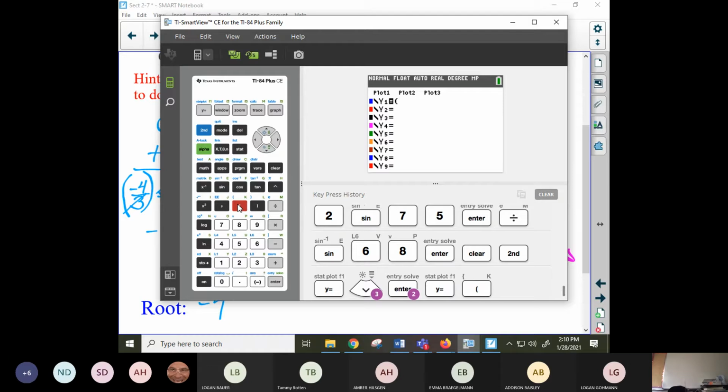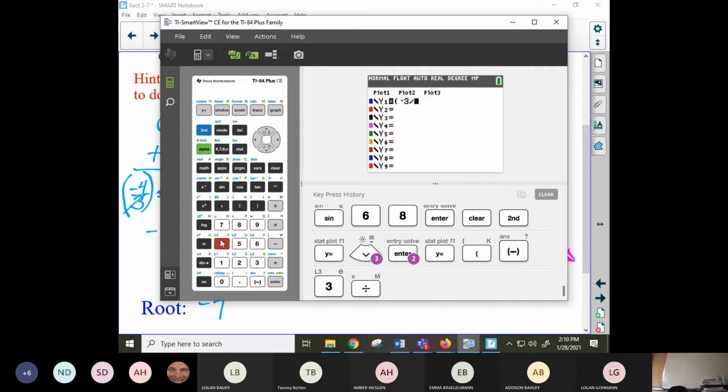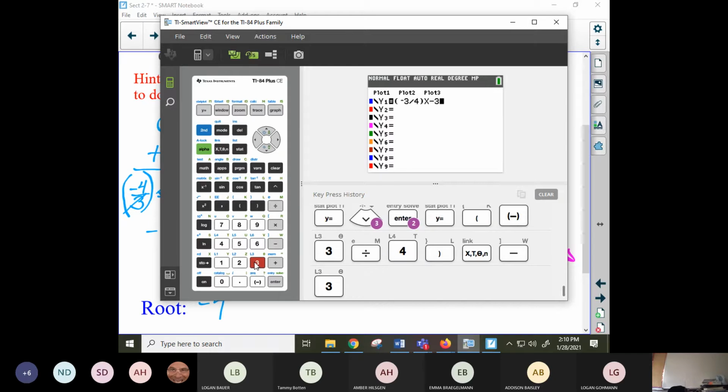They use the subtraction key for negative rather than the actual negative key, which is to the left of the enter sign. So go -3 divided by 4 parentheses. Then you do your x, and x is to the right of the green alpha key. And then you do -3, and here you use your subtraction key, -3.